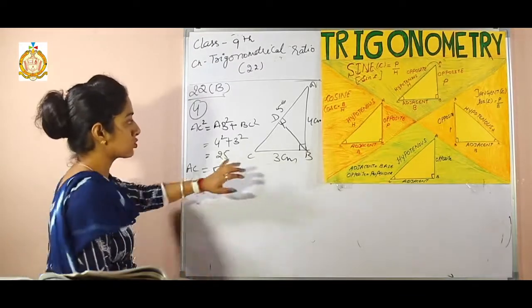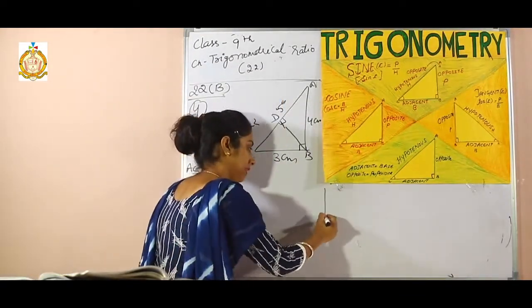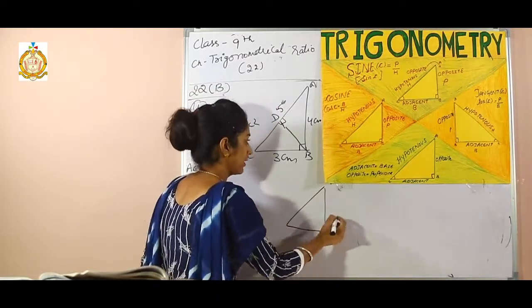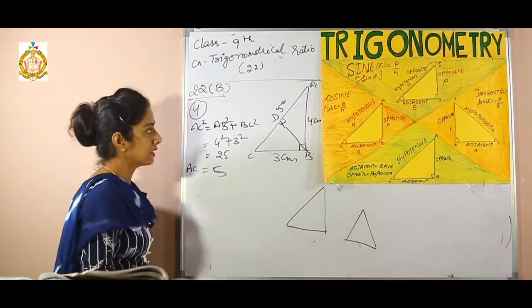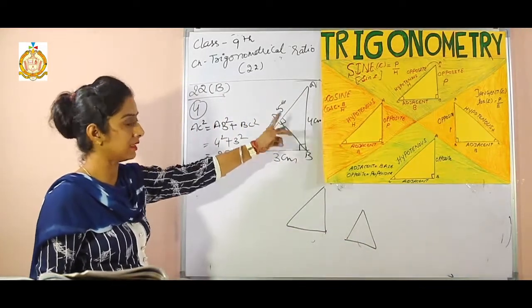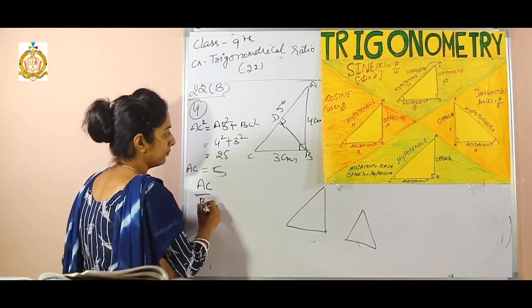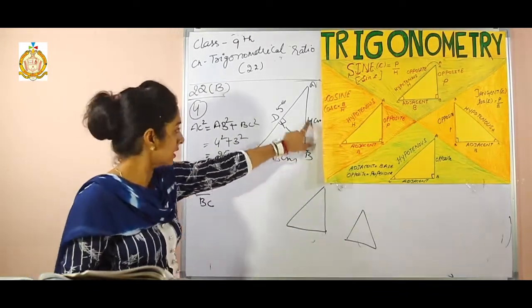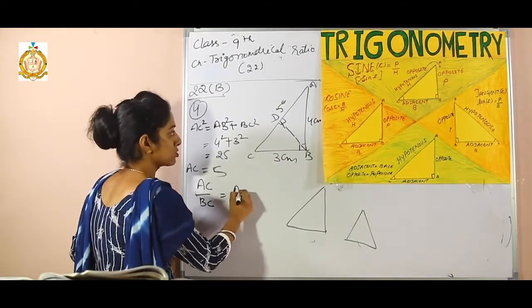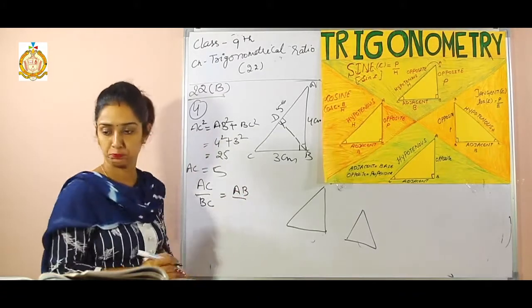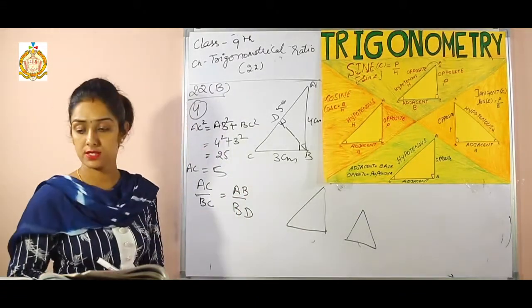See students, these are 2 triangles. This one is a big one, like this, you have a triangle, and this one is also a triangle, right? You can say ABC and DBC are 2 triangles in which AC over BC is equal to AB over BD, right?